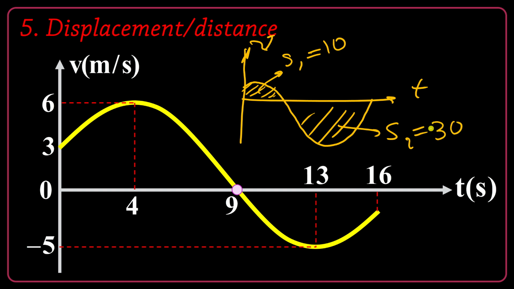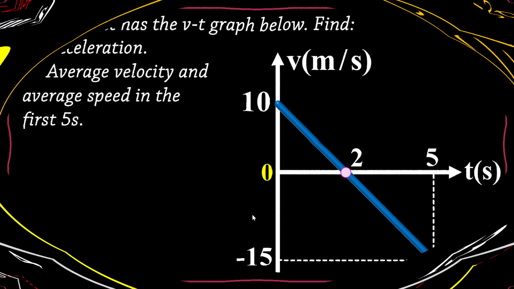So what should I do about the distance traveled? Distance is 10 plus 30. It is 40. Displacement, pay attention. Displacement is 10 minus 30. So it's negative 20. Yeah, it could be negative. It's very important. Now, if you are ready, let's have some problem solutions to learn it better.